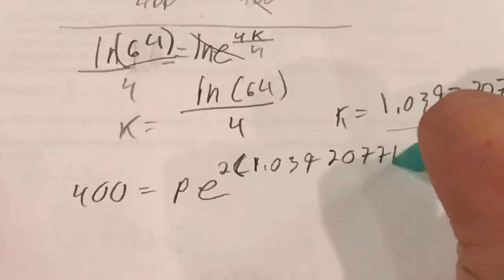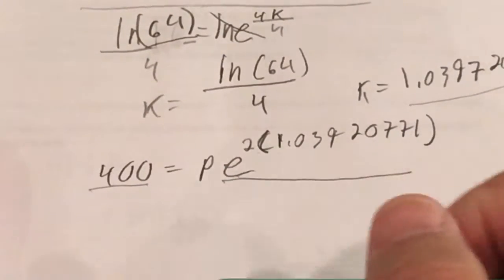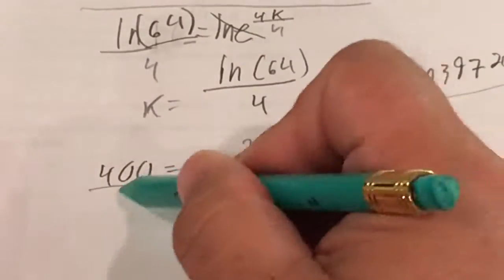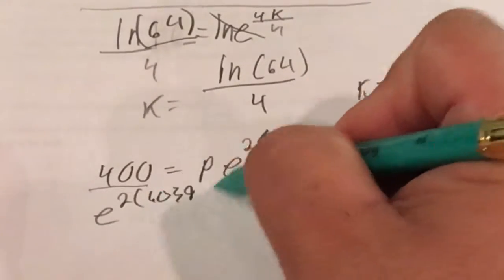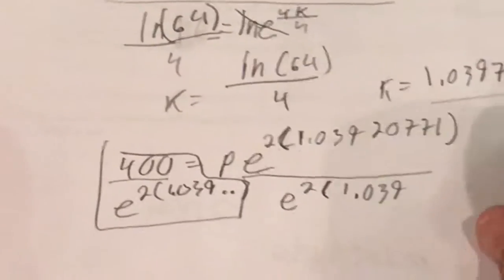So that's 1.039720771. And all I have to do is divide both sides by that e to the 2 times 1.039. I have to type this into the calculator to figure out what the original amount is.